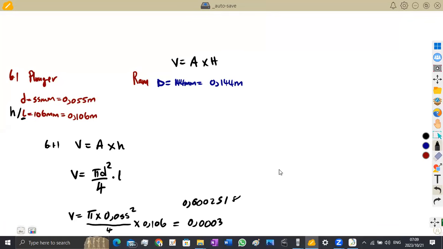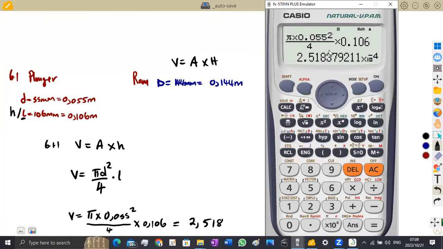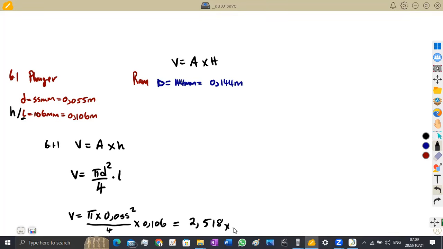So we're just going to write it this way, 2.518, so that we do not have a confusion here. So it's going to be 2.518 times 10 to the exponent of -4. So that will be our volume in cubic meters.